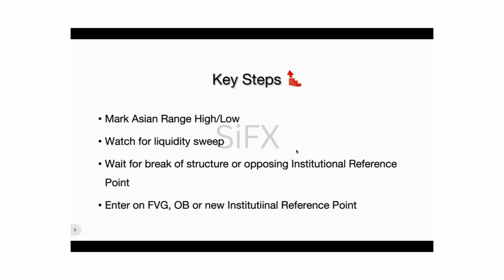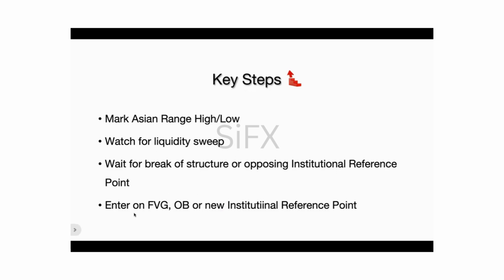By this, I mean that sometimes even when you don't have a clear break of structure, but you start to see price invalidate existing reference points and start to obey new reference points, then it simply means that we are most likely going to continue to push or expand towards the opposite direction. I will explain this concept in clear detail when we jump on the chart.